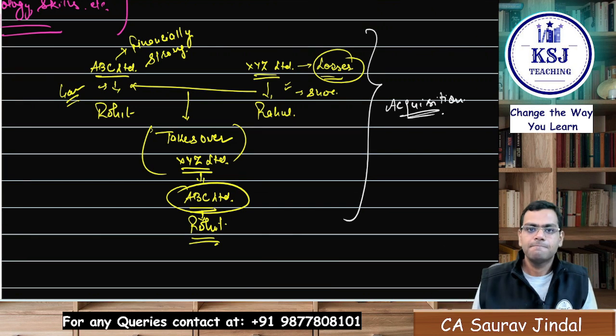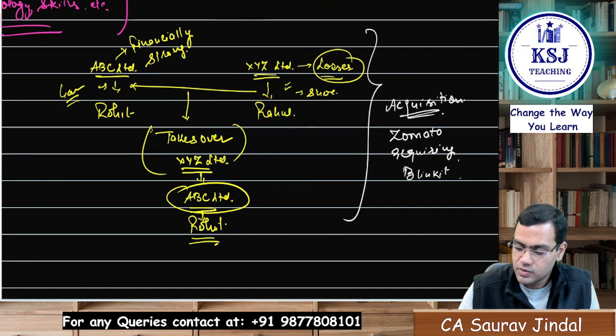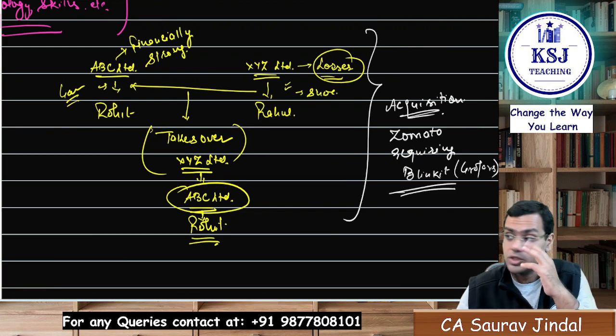For example, Zomato acquiring Blinkit, which earlier was, I think, Grofers. This is acquisition.